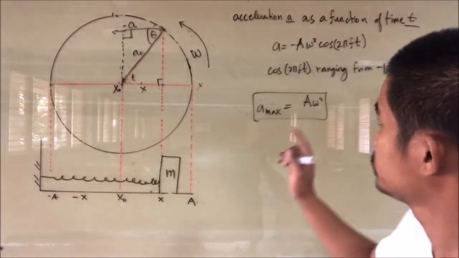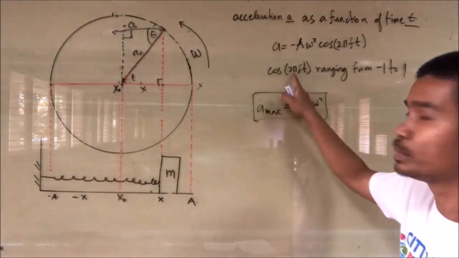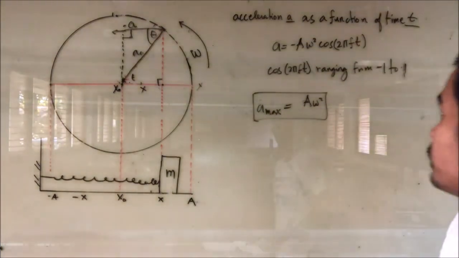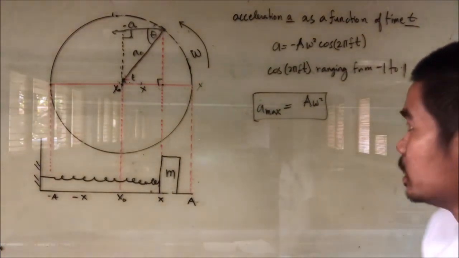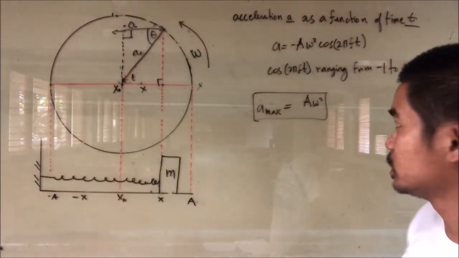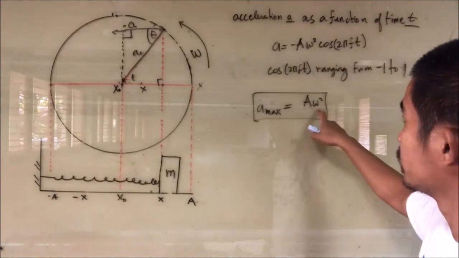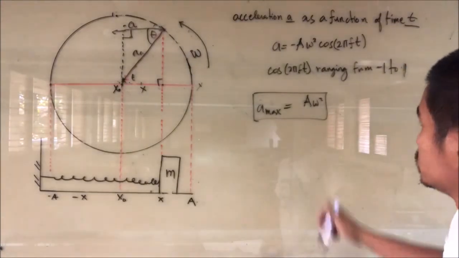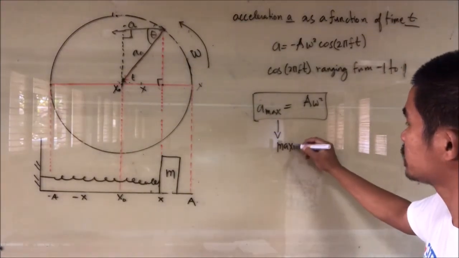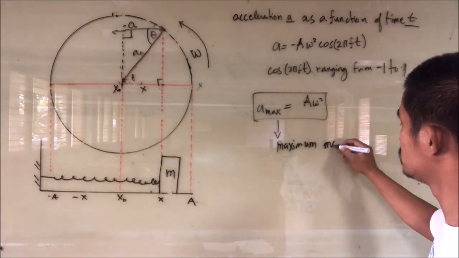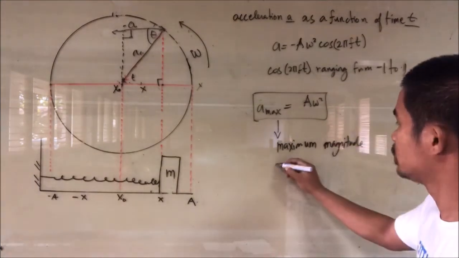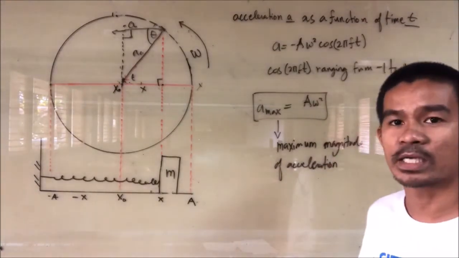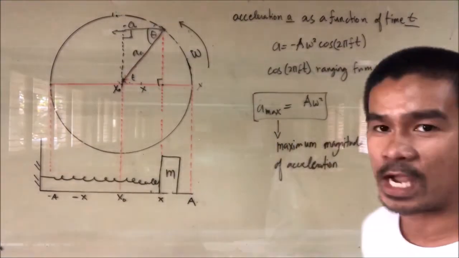Now, since the cosine of an angle ranges from negative 1 to 1, the maximum acceleration can be expressed as amplitude times omega squared. If we multiply the cosine by 1, it is still A omega squared. So this is the maximum magnitude of acceleration.